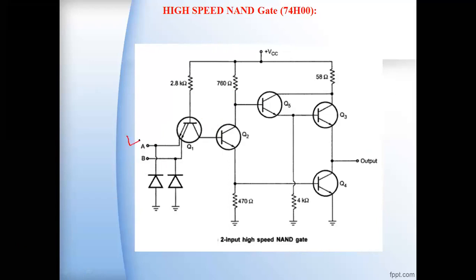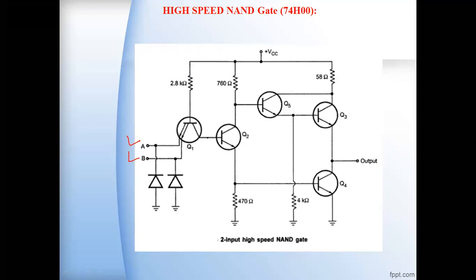So if you take the two inputs at the logic low state, whichever emitter is at low, the transistor will be turned on. Even if one terminal is at the logic low value, the Q1 transistor will get into the on state. When the transistor is in the on state, the current from VCC will flow through the input side to the ground.